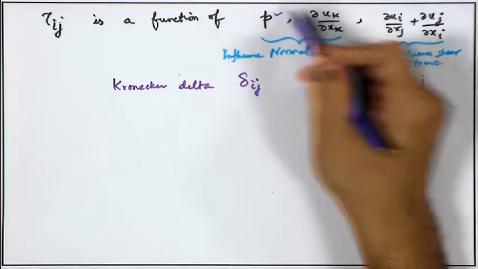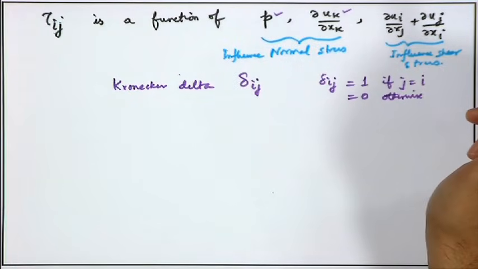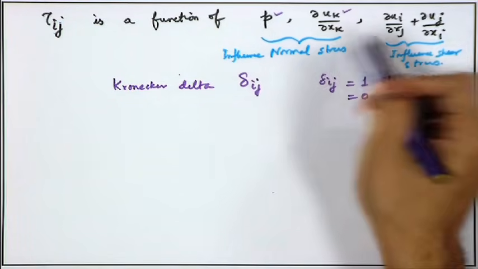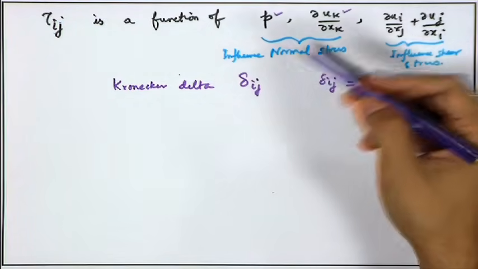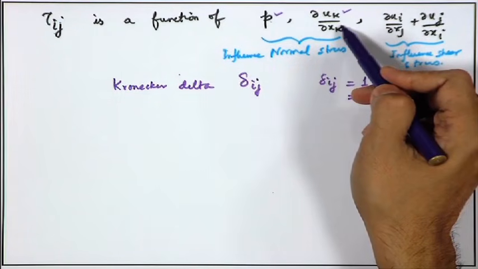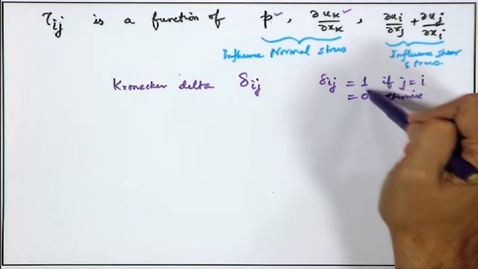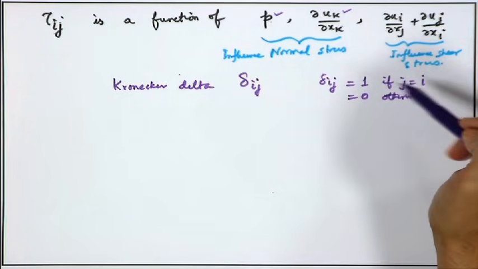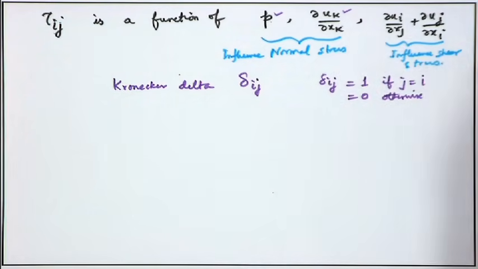If these are multiplied by delta ij, they will give you a correct picture of the normal stress. You do not have to specify normal stress separately, you just multiply these with delta ij, because delta ij is equal to 1 only if j equal to i. So, that will only have the normal component.